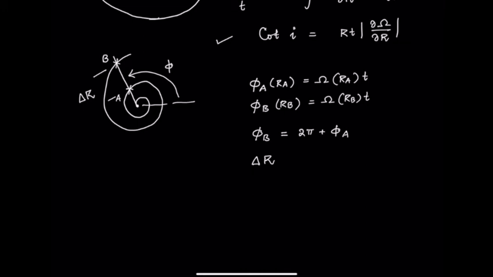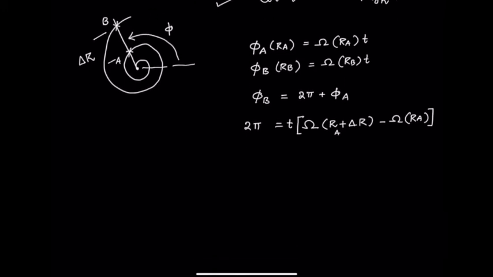So how do I calculate that? Let's go through the calculation once. I have 2 pi equals phi B minus phi A, which is omega at Ra plus delta Ra minus omega at Ra, times T. If you work it out, I can do a Taylor series expansion.